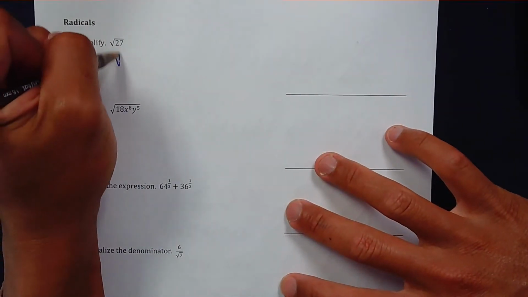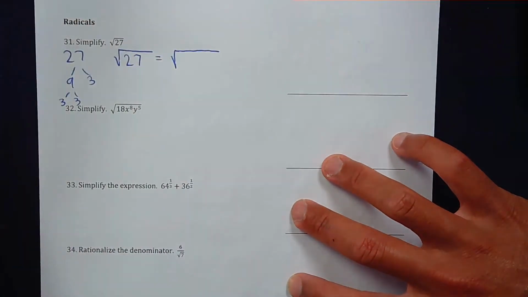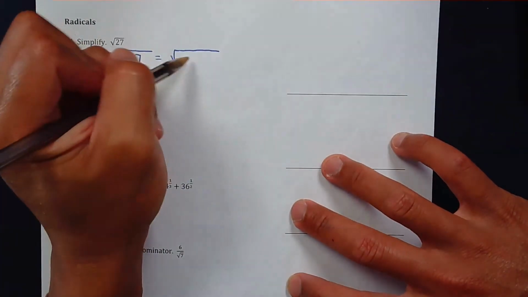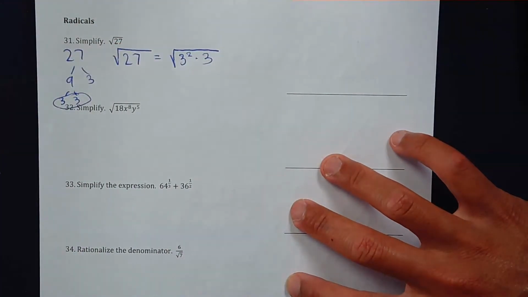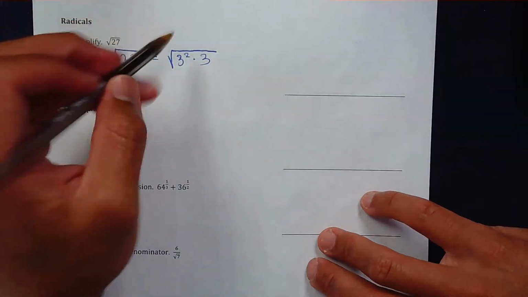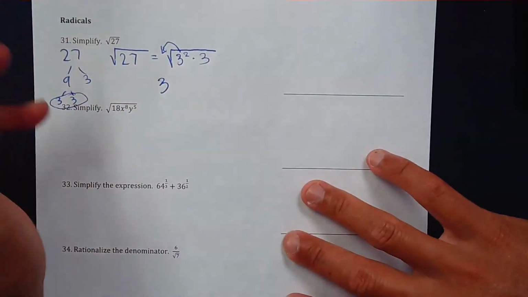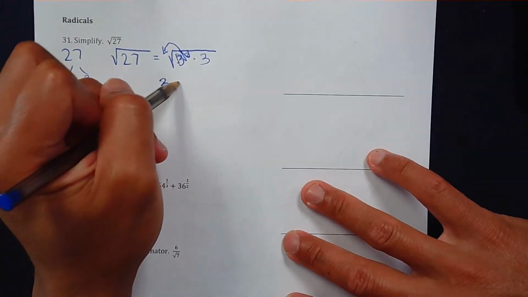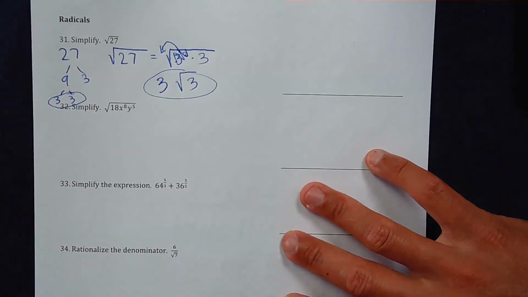So we rewrite the square root of 27 as the square root of 3 squared multiplied by 3, right? We always look for pairs. And then we can take that square out from the radical. So we take this 3 out, and what's left is only the square root of 3. So that's our final answer.